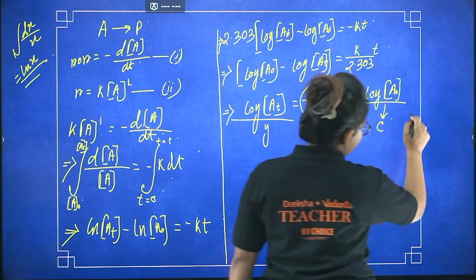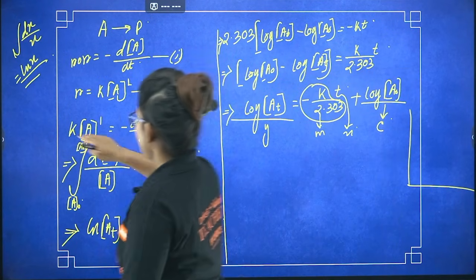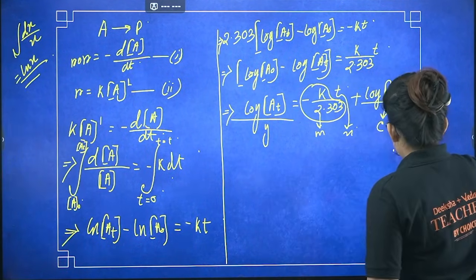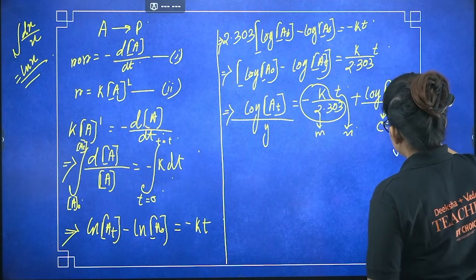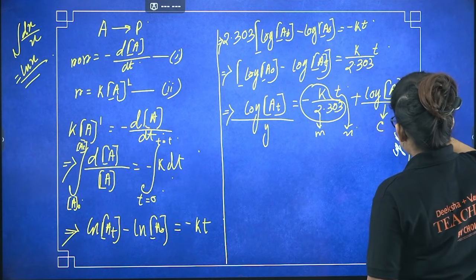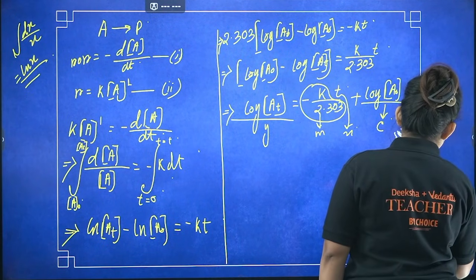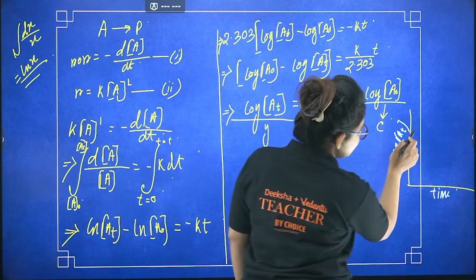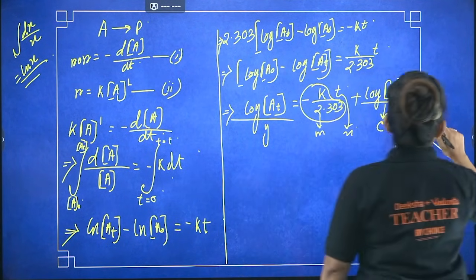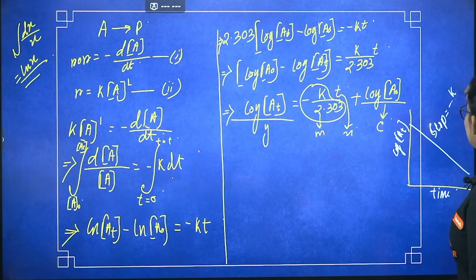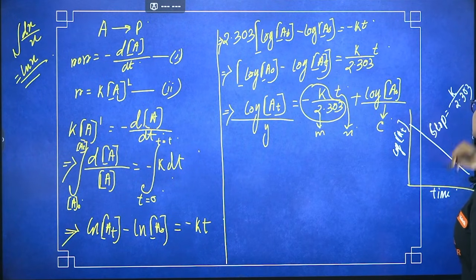So what do I have to plot here, tell me. If I want to plot log of concentration of reactant, log of At, that is my y-axis, right? Log of At versus time graph. Time is the x-axis. I will get a graph like this with a slope. The slope value will be, you tell me, is basically minus K by 2.303.